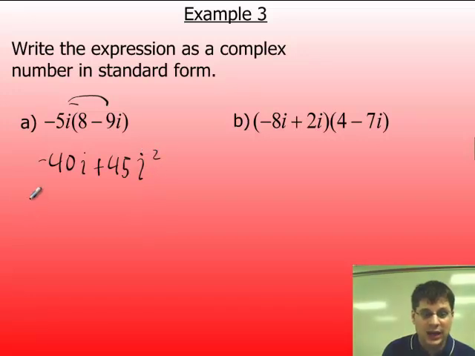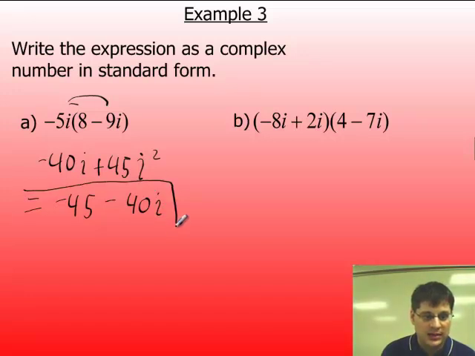So we can simplify this further because i squared is equal to negative 1. And negative 1 times 45 is negative 45. That becomes the real part, and we'll put that in front, and then behind that we'll put the imaginary part, minus 40i. So that is now simplified.